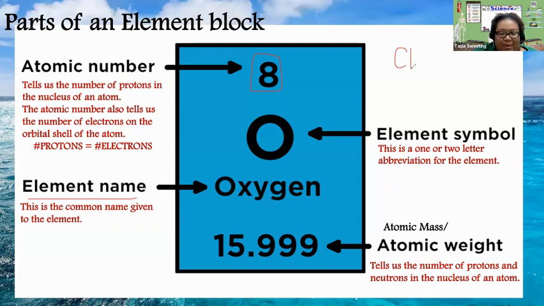Whenever an element has 2 letters to represent its symbol, the first letter will be capitalized and the second letter will be a small letter. So if y'all see this written, this does not represent 2 elements. Because we have a capital letter and a small letter, this is all 1 element, and this is calcium.